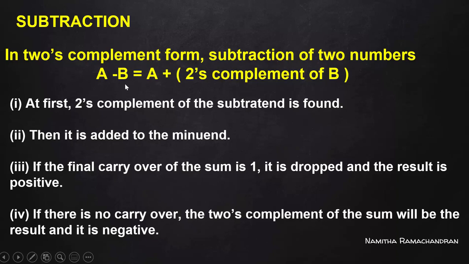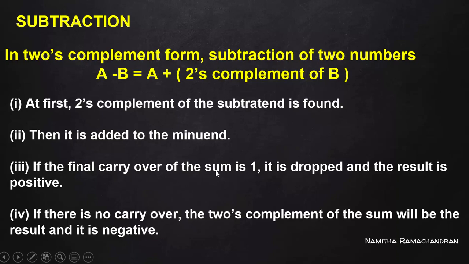A minus B means A plus the 2's complement of B. The 2's complement of B is the negative form of positive B, that is, A plus minus B. So find the 2's complement of positive B, and add it to the minuend A.